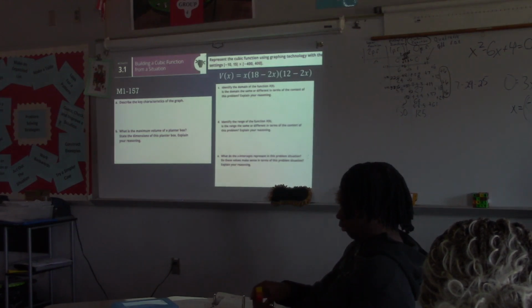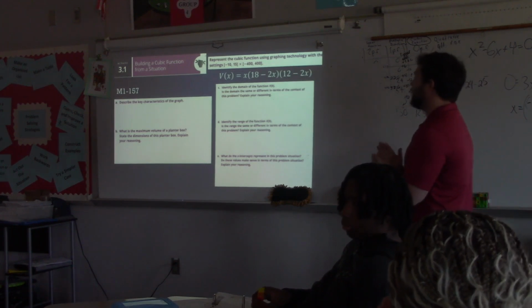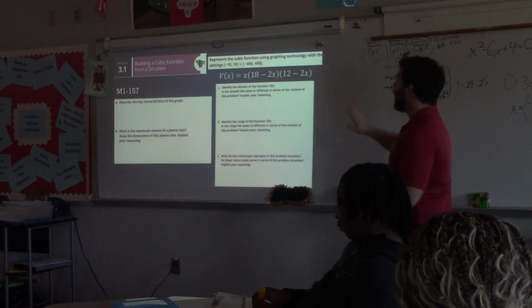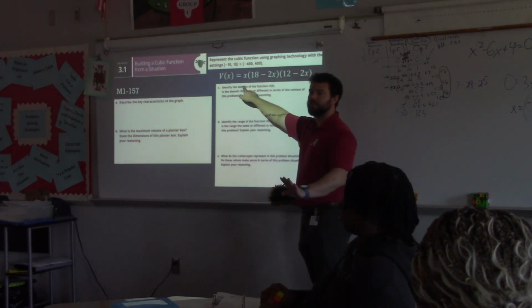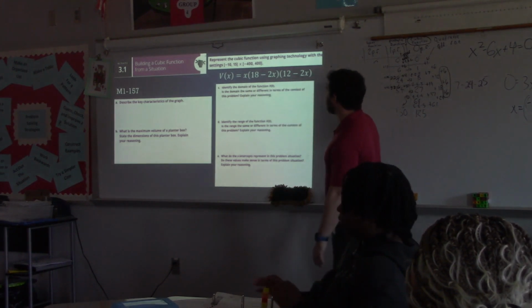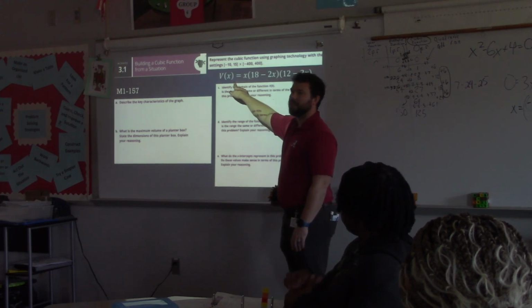Now, here's what I need us to do with the 15 minutes we have left. I need everybody to have a calculator in hand, and we're going to type in this equation. Pause. Make sure I finish the instructions first. We're going to type in this equation, and what are we going to change our window in the calculator to?